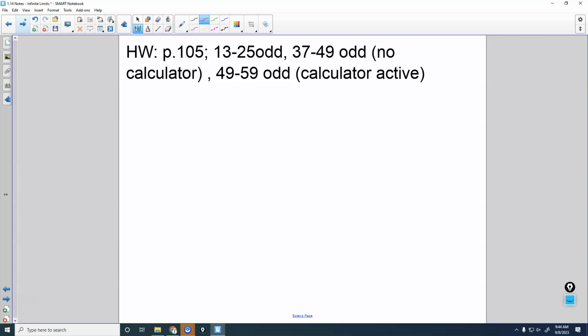So 13 through 25 are just asking for vertical asymptote. So you should be able to look, 13 is 1 over x squared. You should be able to look at it and say x equals 0 is where your vertical asymptote is. So those should be fast. At first I was thinking it was too many, but those first ones should be able to be done in seconds. You're just looking at your denominator and telling where the vertical asymptote will be. A couple of them you might have to factor the numerator.